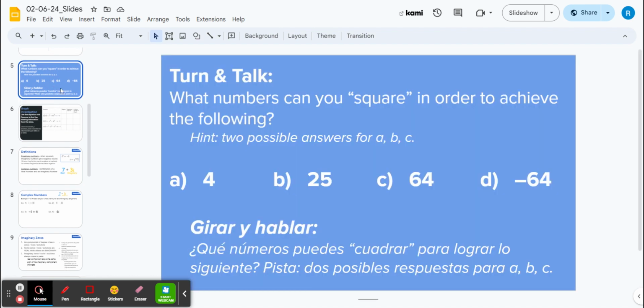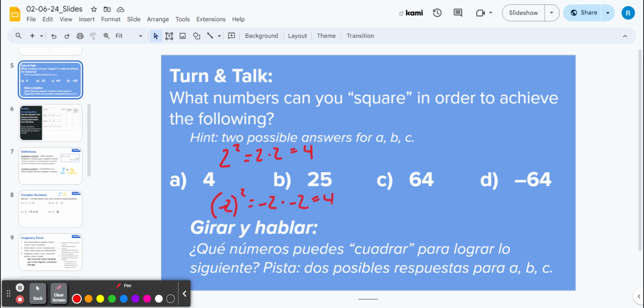So, before we get into our note sheet and all of these examples, I want to back up. This is how we set up our notes in class. We said, what numbers can we square in order to achieve the following. If we look at 4, we could have gone 2 to the second power, which is 2 times 2 equals 4. We could have also done that with negative 2. Negative 2 to the second power is negative 2 times negative 2.